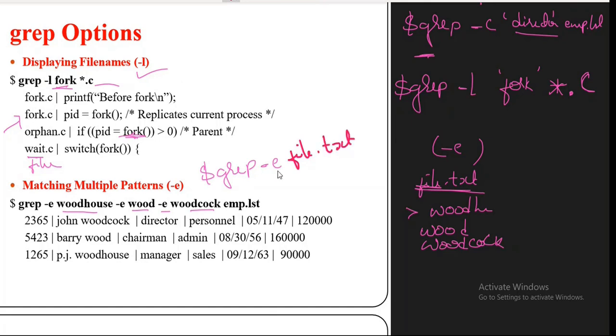Then in this file, it is going to search for the patterns specified here, that is wood house, woodcock, and you are going to get the same output. Sorry, this should be minus F. If you want to specify multiple patterns in the command, you use E. If you are storing the patterns in a file, you have to use minus F. So I made a mistake here. Grep minus F followed by file.txt. Then you will get the same output.